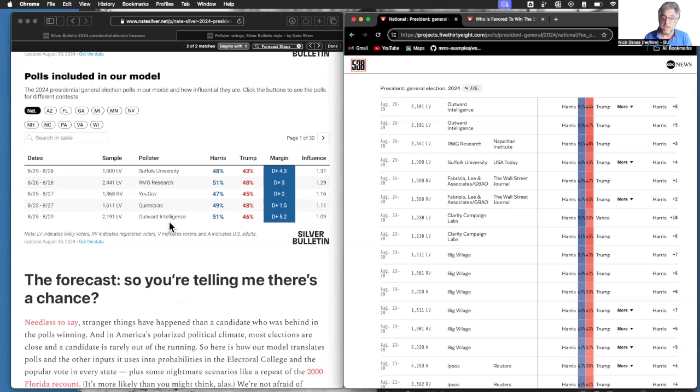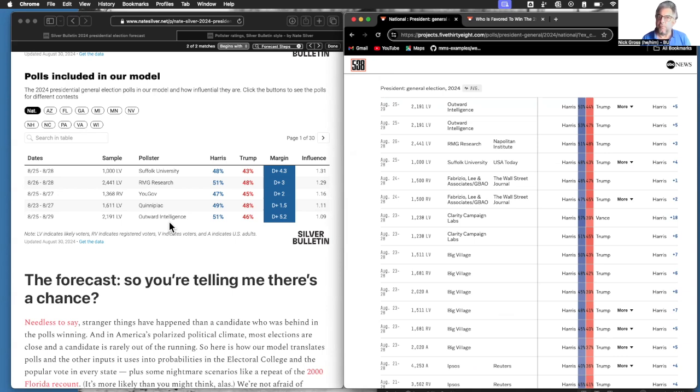But they also weight it by the past outcomes from the polling firm, whether they might lean one way or the other, in a world where there are only two parties, more Democrat or more Republican.